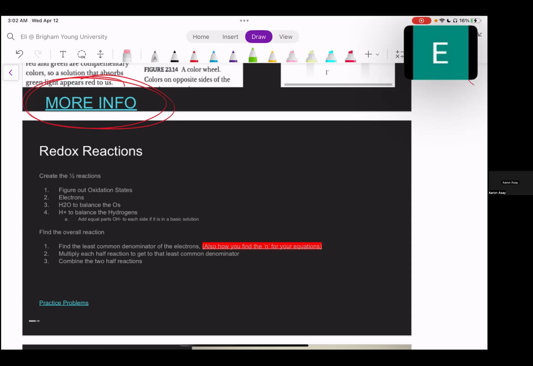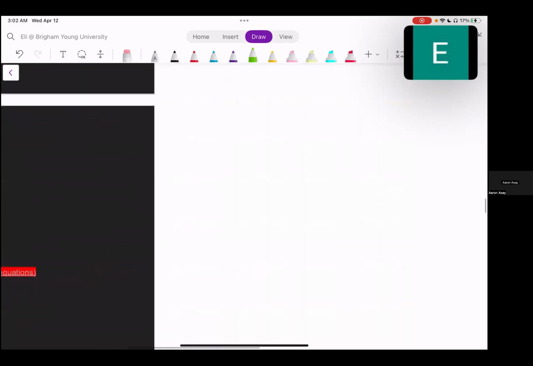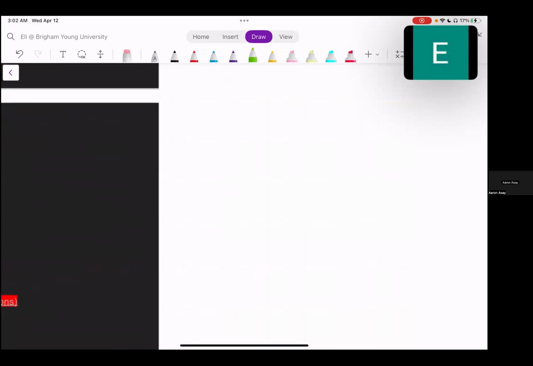So let's start with an acidic solution. I am going to give you guys an equation, and I want you to balance it. So let's do this one. We're going to have HCOOH.